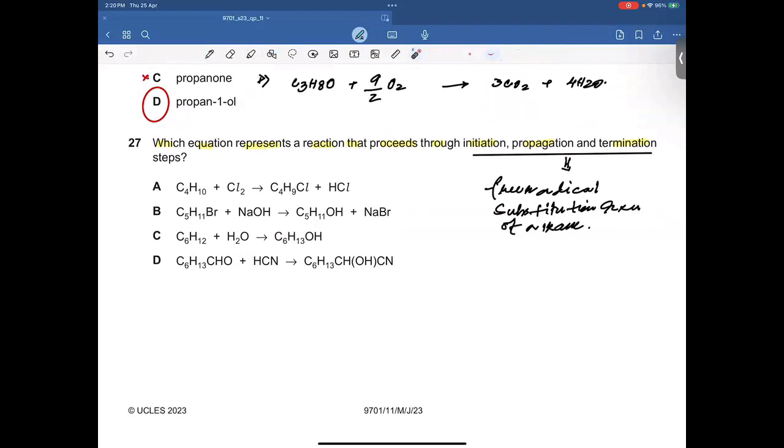So this is alkane. Chlorine is reacting in the presence of UV light. Obviously, these 2 products are formed. So A is going to be the right answer, because this is an alkyl halide. Alkyl halide always undergoes nucleophilic substitution reaction.